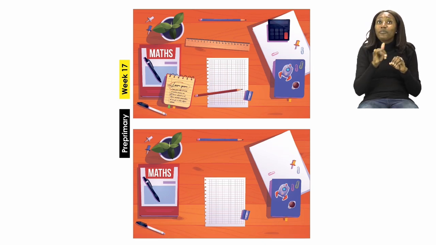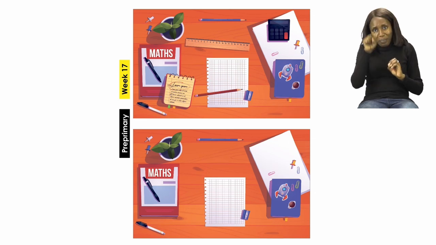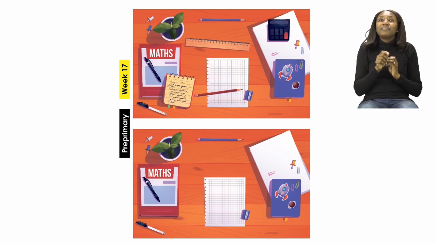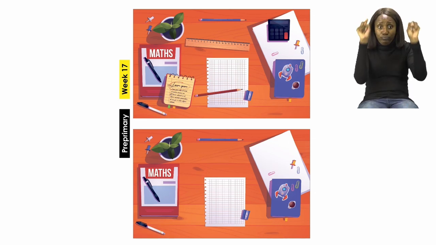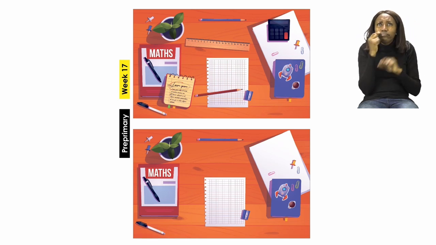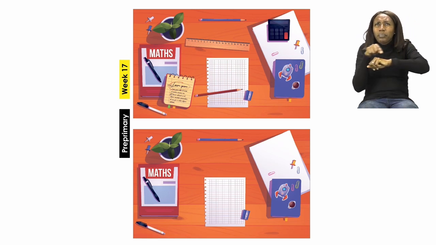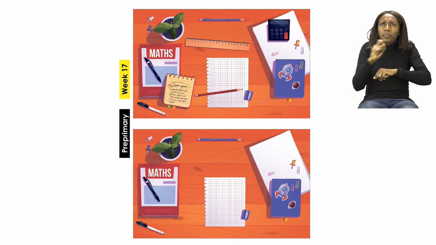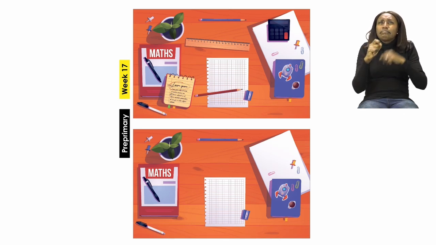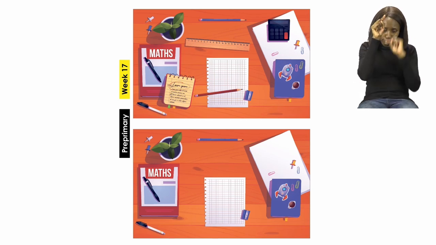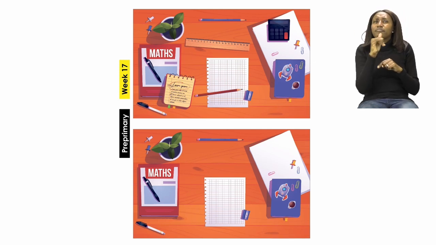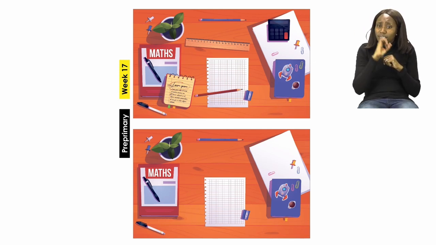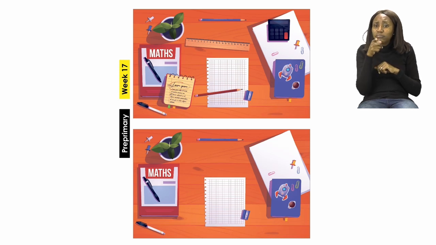Now this one is going to be exciting because first we have to look at the picture on top. Now as you can see, we have books, a ruler, a pencil, and many other things. So our job is to look and compare with the second picture and then put an X where we see that there is something missing.